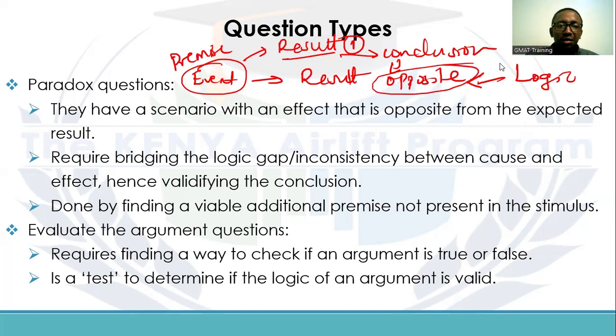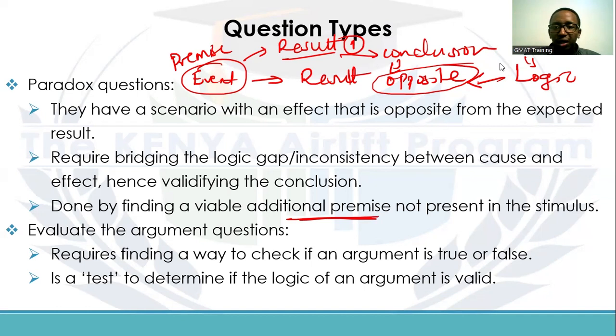Once you find that premise, it will help you build the logic that will explain why the conclusion is as it is and not as expected. So again, you can see we are playing with premise, logic, and conclusion. It's done by finding a viable additional premise that's not presented in the stimulus.